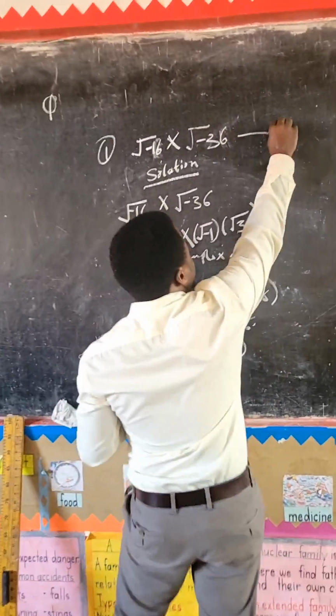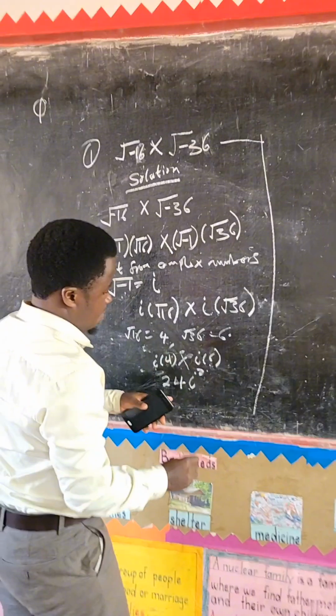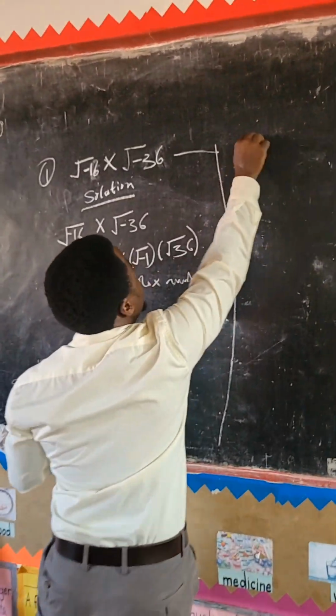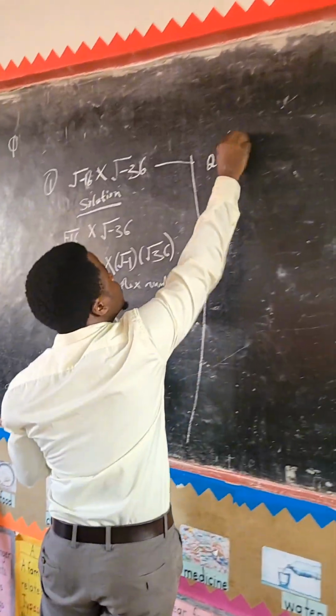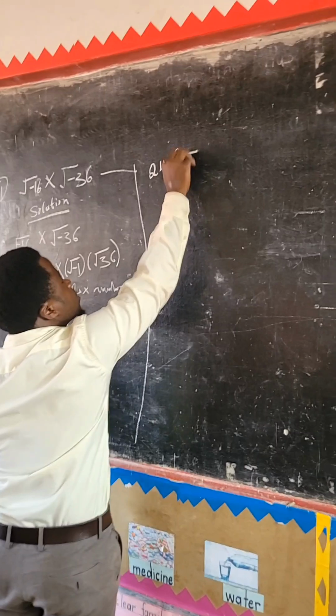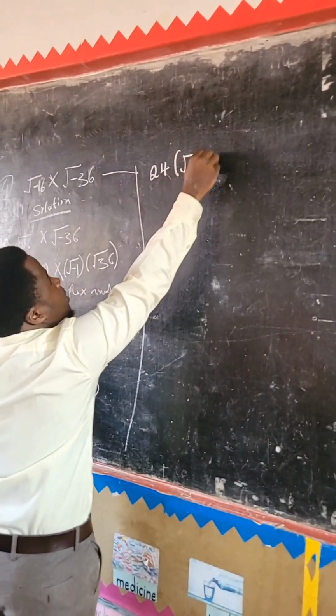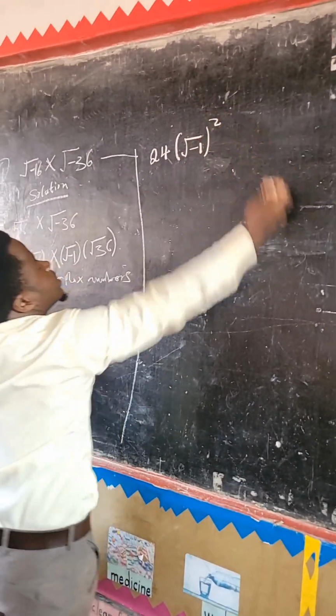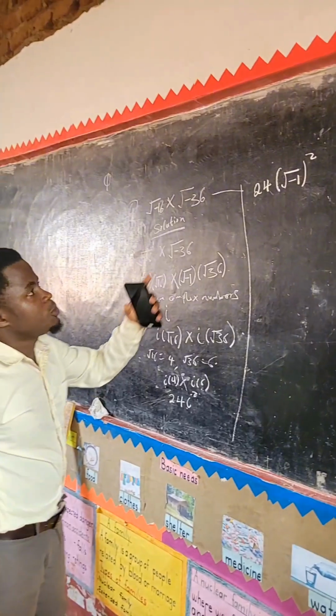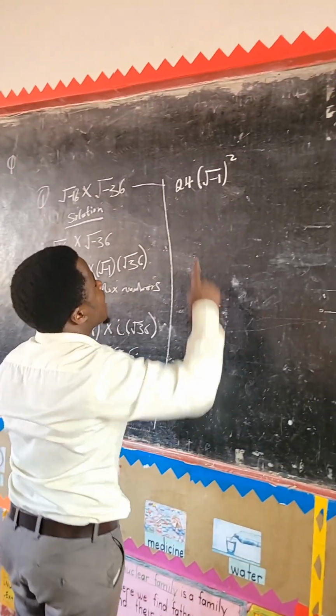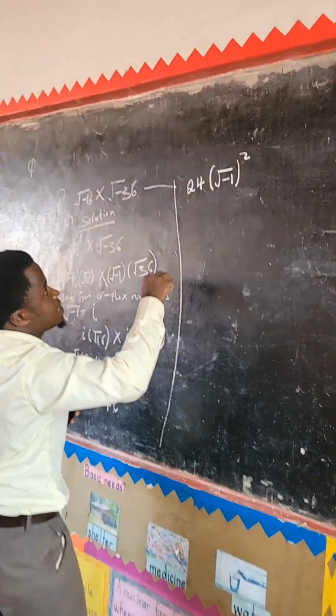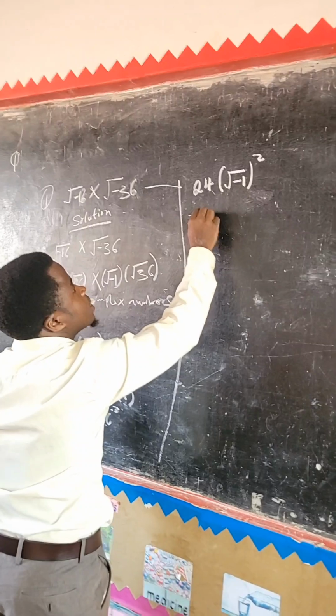So this implies that now our value is 24 times root of -1 squared. You understand? But we know the root is a half power already.